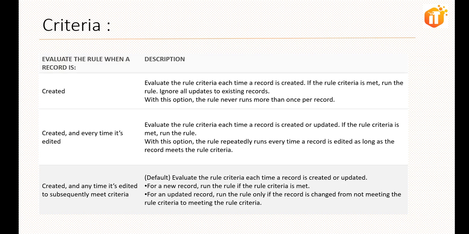Evaluate the rule criteria each time a record is created or updated, right? Once you have created it, it's going to fire, and when you're updating it, it's also going to fire. If the rule criteria is met, run the rule.